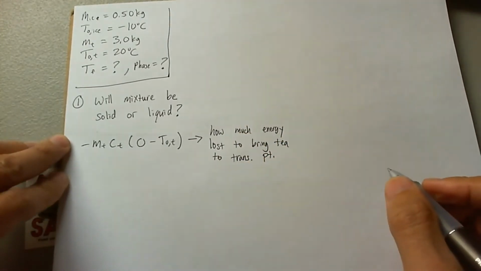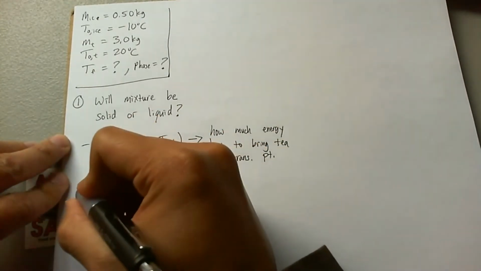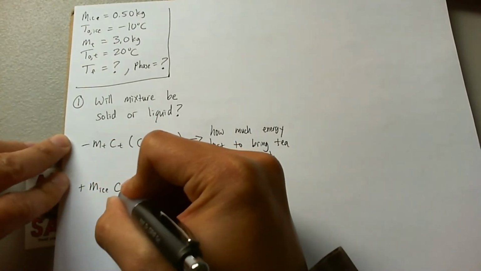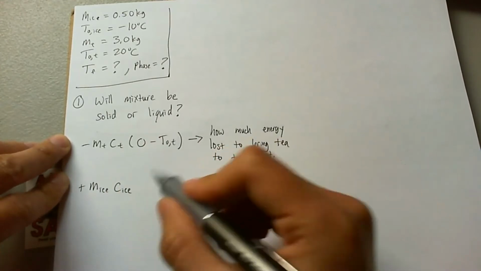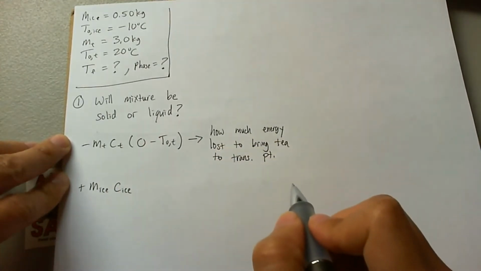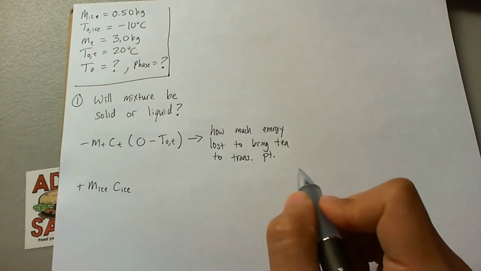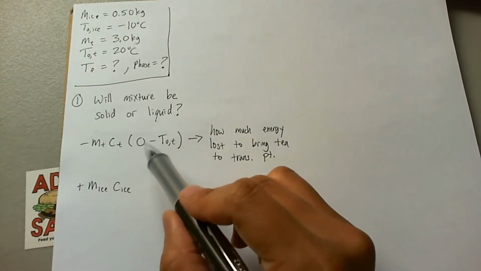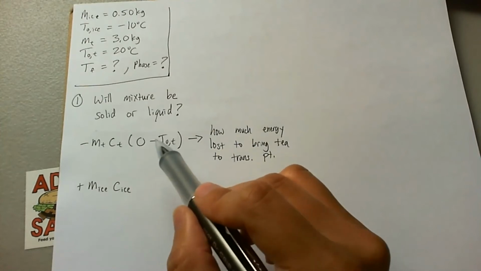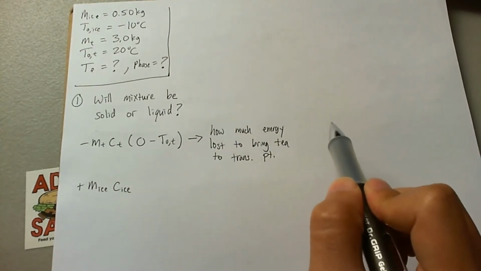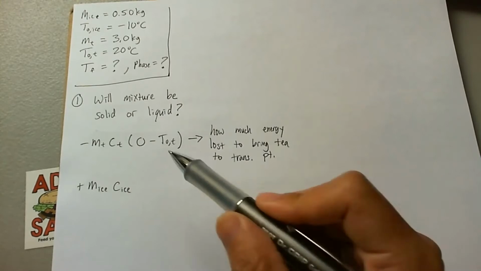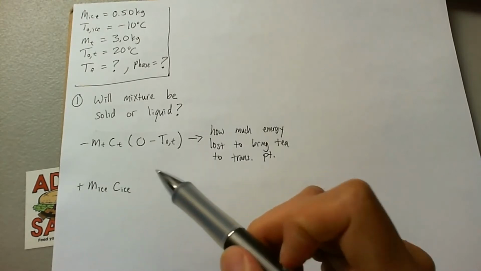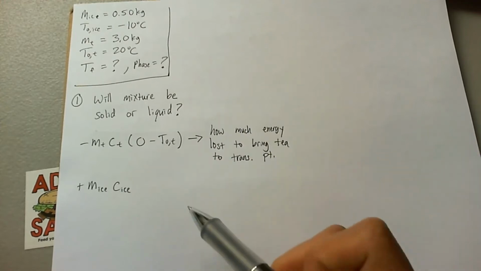All right. And now we're going to also compare that with the amount of energy it takes ice in order to bring it to the point in which it also transforms. To be honest, we can also look at how much energy it takes to bring T to a point of transformation and to transform it into a solid, and compare it with the amount of energy it takes ice to bring it to the point of transformation and to transform it.